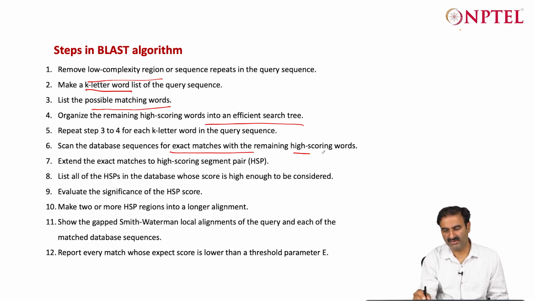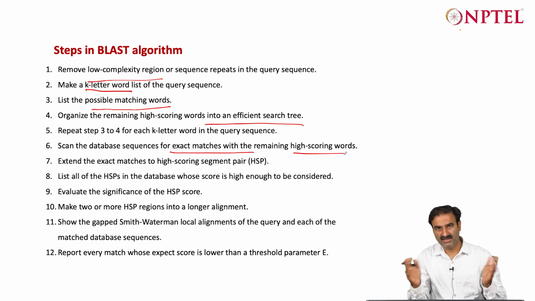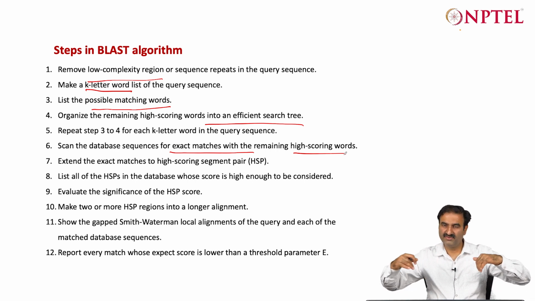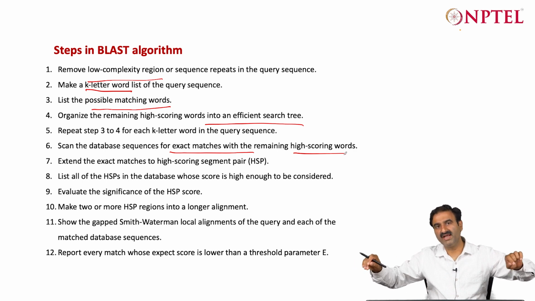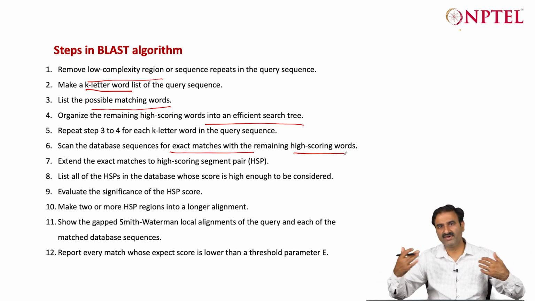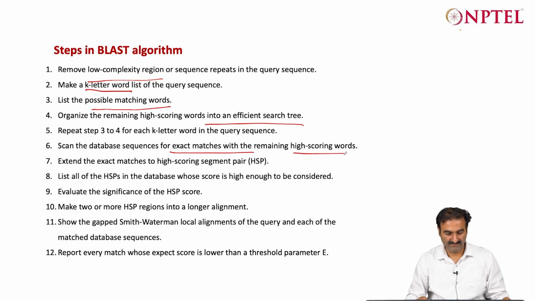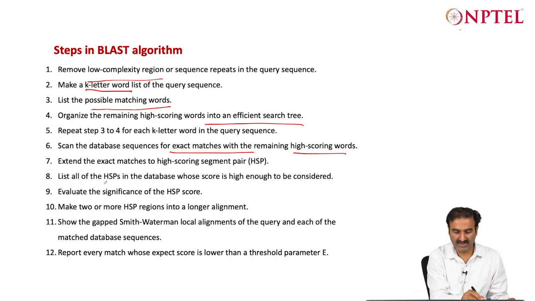Basically you match the database for exact matches of the topmost, or above-the-threshold, list of high scoring words. When you find a match, you look at the neighboring positions in that sequence to see if they are also matching, and this way it will continue and your match will be extended as far as it can be. This way you make a high scoring pair.